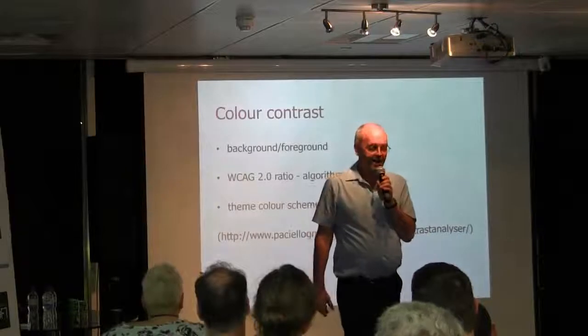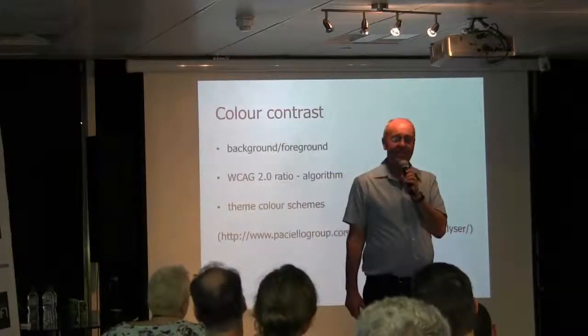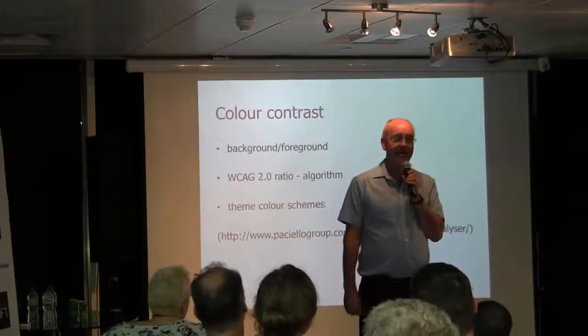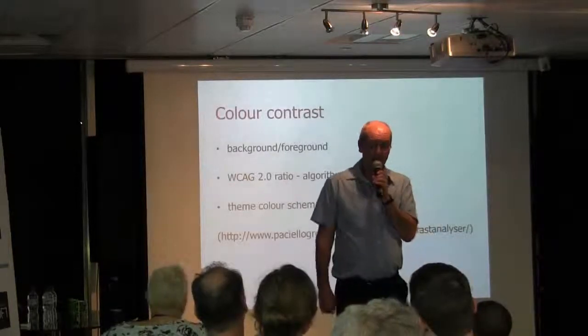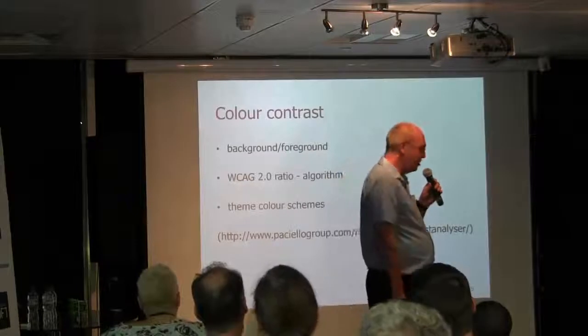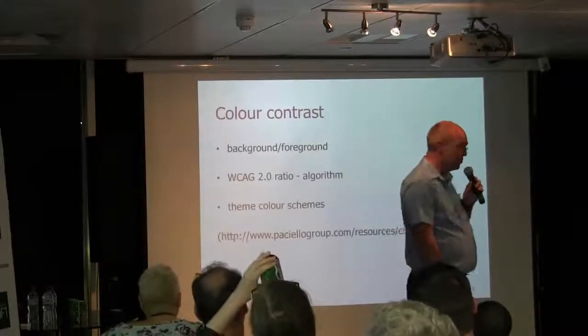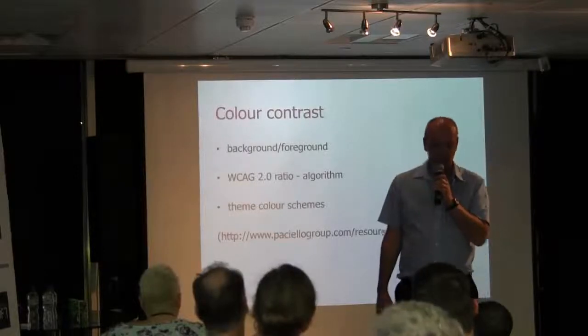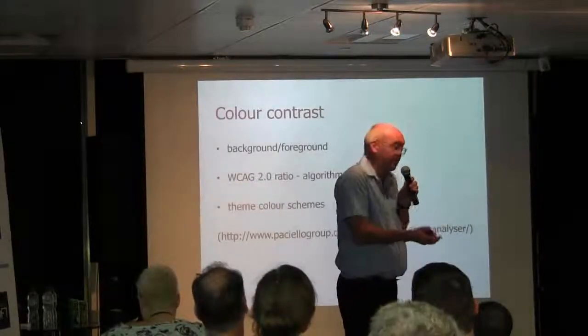Colour contrast. Probably an obvious thing is that there needs to be adequate colour contrast between the background and any foreground text. If your theme offers a way for users to change the colours, which probably most things do now, that's fair enough because then it's the user's choice.